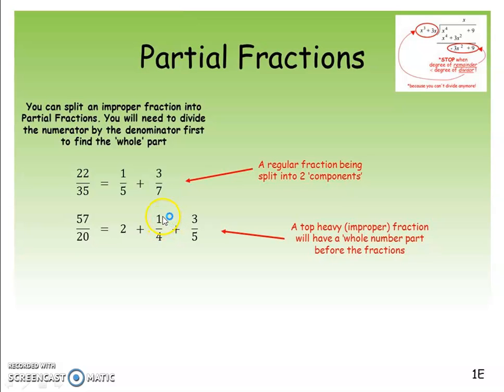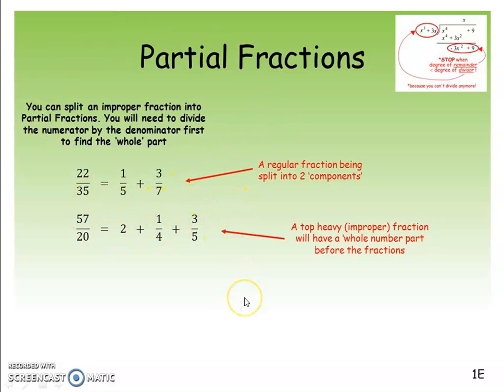So we multiply here 5 upon 5, and here 4 upon 4. Equating the denominators we have 20, 20, 20. Here 20 plus 5 plus 12 is exactly 57. So 57 upon 20 is called an improper fraction and 22 upon 35 is called a proper fraction.